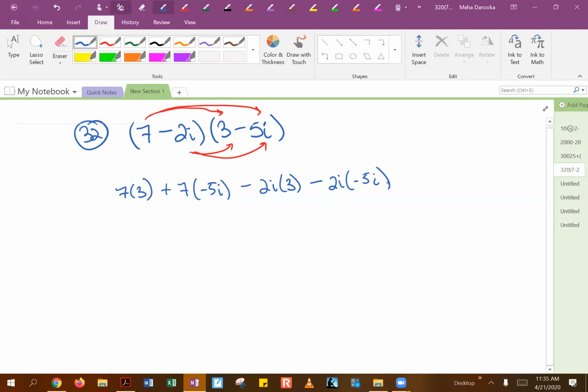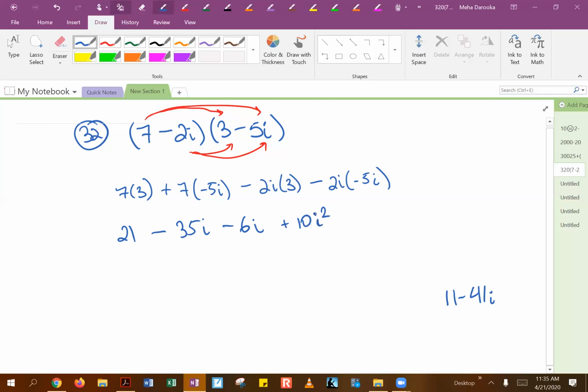Okay, I get 11 minus 41i. 11 minus 41i. So of course we've got 21 from here, negative 35i from here, negative 6i from here, which will of course give you that negative 41. Now, what did you guys do over here?